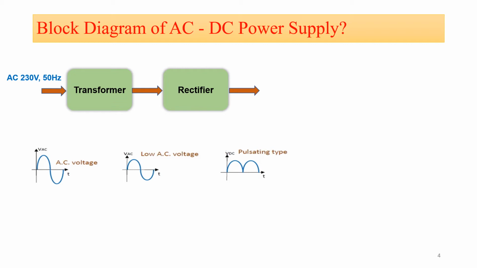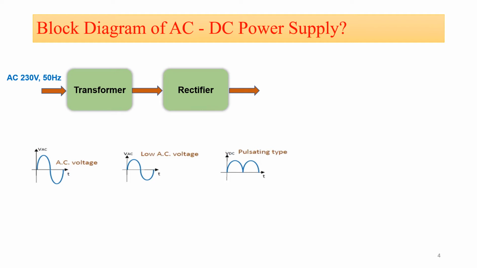But if we compare all the parameters of all the rectifiers, then our conclusion is that the bridge rectifier is suitable for our power supply design, or the bridge rectifier is suitable to convert our AC signal into DC signal, because the bridge rectifier has some advantages over the other types of rectifiers.